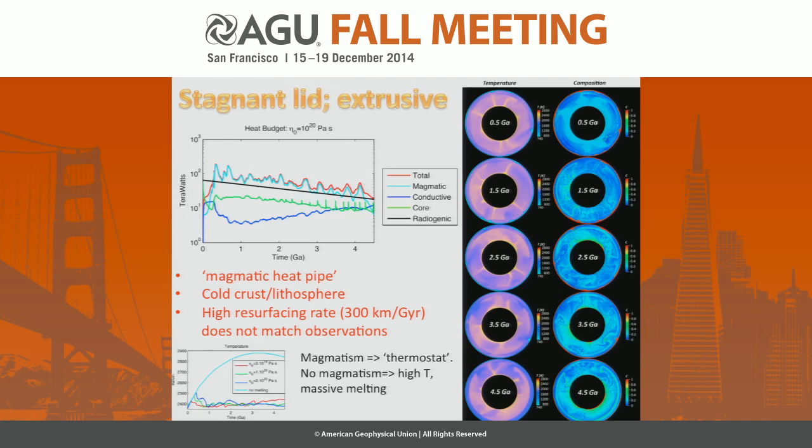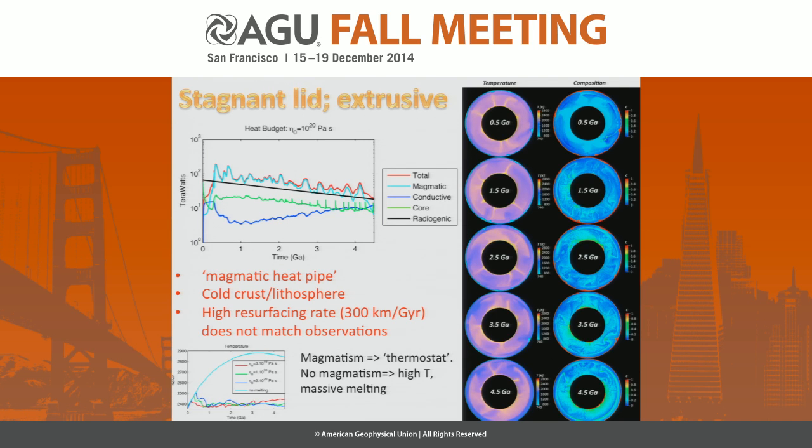Even with a back-of-the-envelope calculation, the resurfacing corresponds to about 300 kilometers of crust per billion years, about 10 times the amount on Earth. So you just don't observe such massive magmatism on the surface of Venus, and we didn't like these models so much.